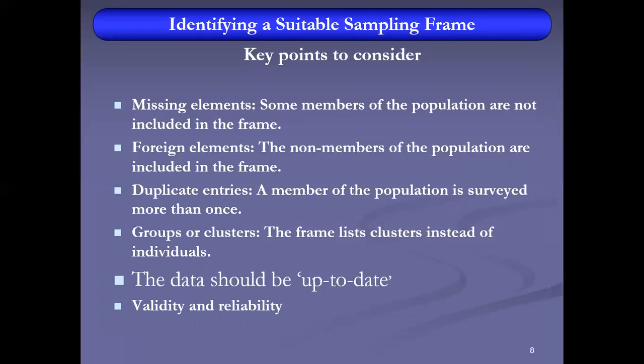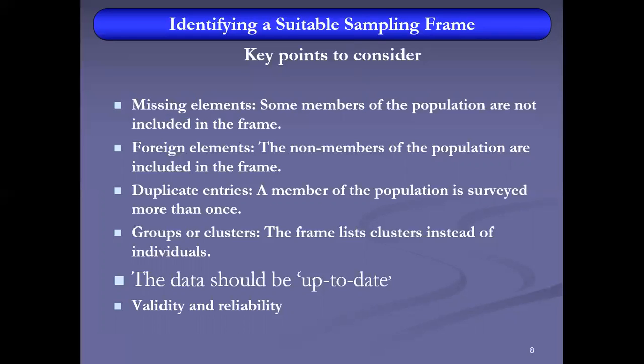If we select the non-members, then there are chances the sample may not represent the whole population. Duplicate entries: a member of the population is surveyed more than once. If we mistakenly add participants double or triple, then there is a chance the sample may not represent the whole population.